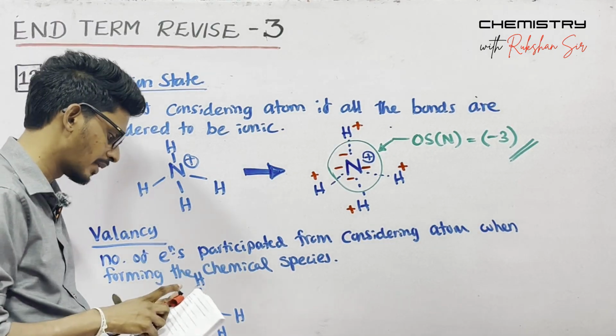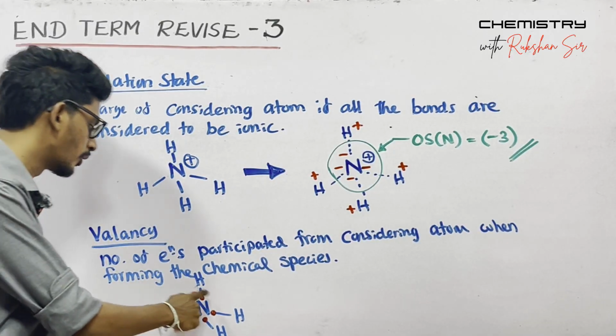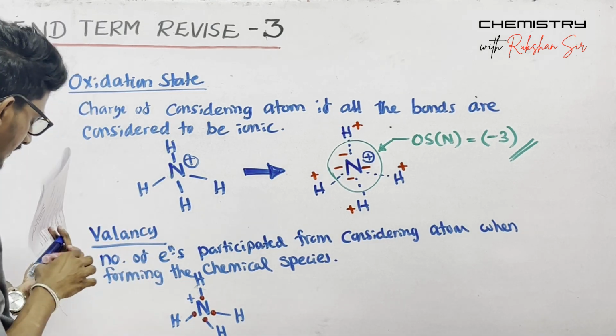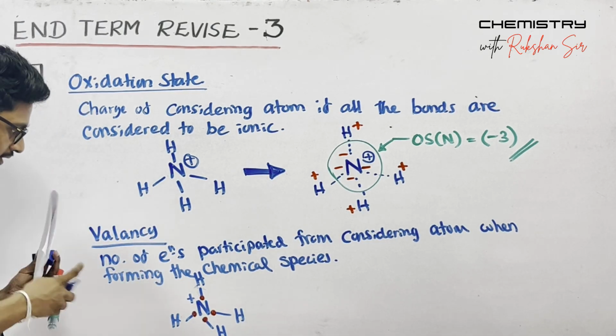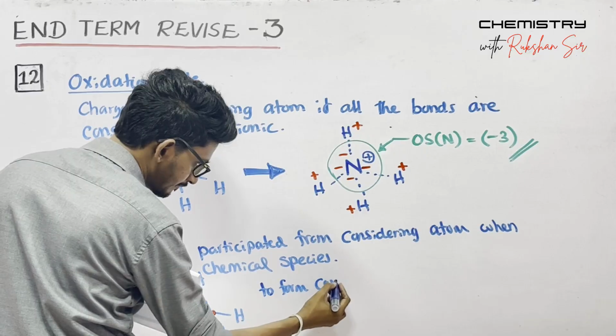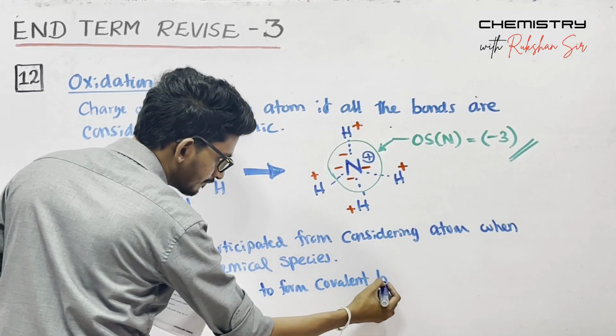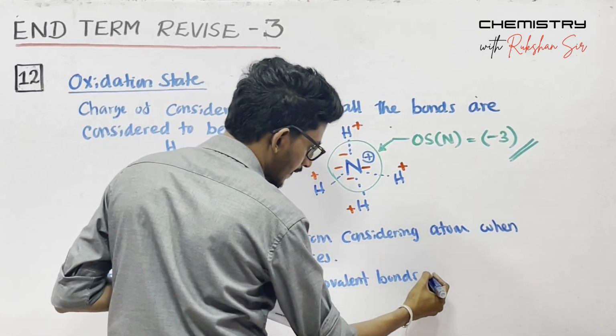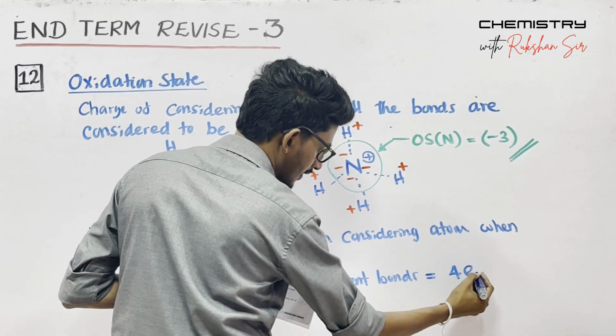These 4 electrons participated in forming covalent bonds. To form covalent bonds, 4 electrons are participated.